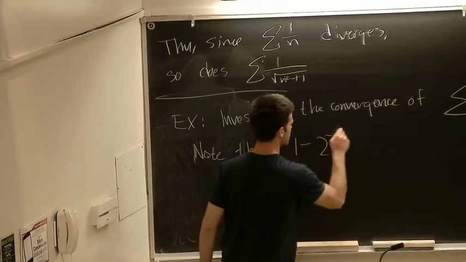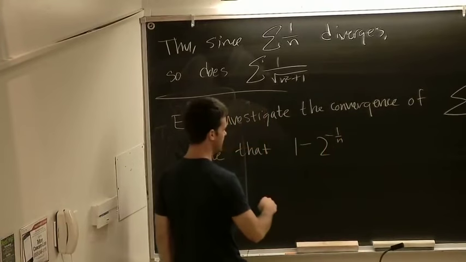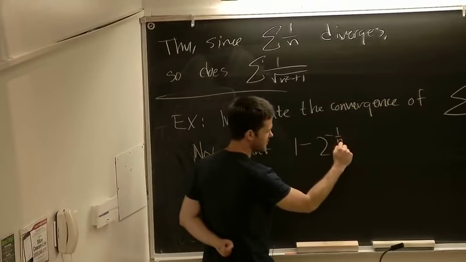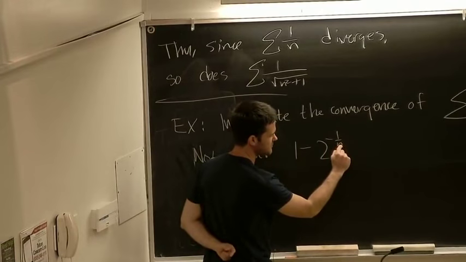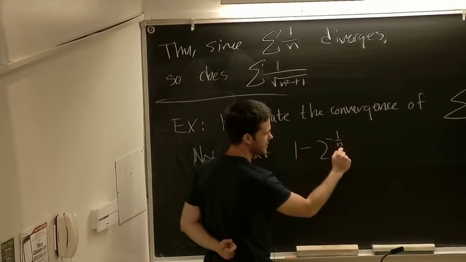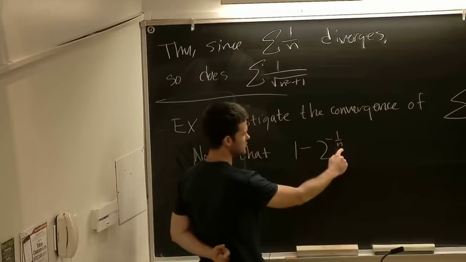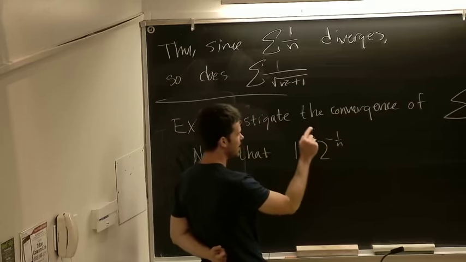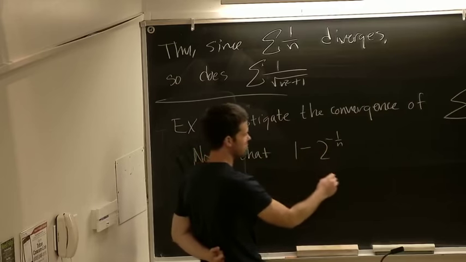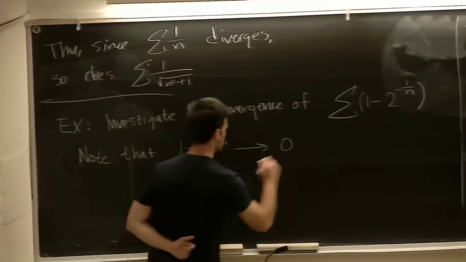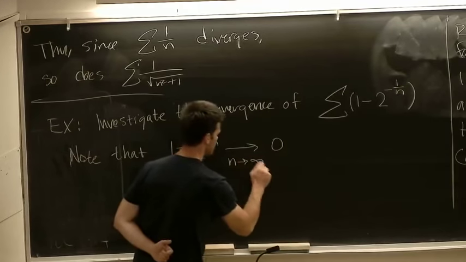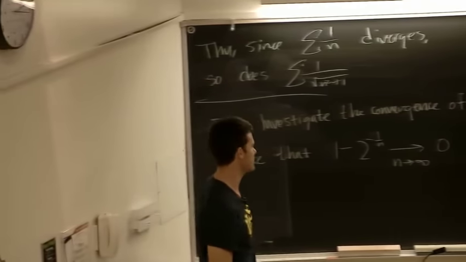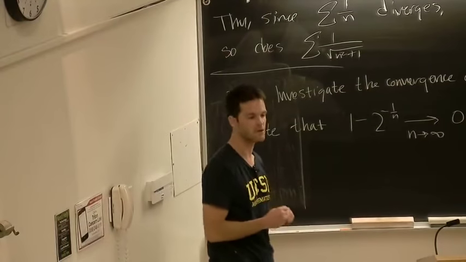If we let n tend to infinity, you have to keep track of this. n goes to infinity, so 1 over n goes to 0. So this goes to 2 to the 0, which is 1, and then it's 1 minus 1, which is 0. Okay, good. So there's a chance that this might converge, because the terms do in fact go to 0.